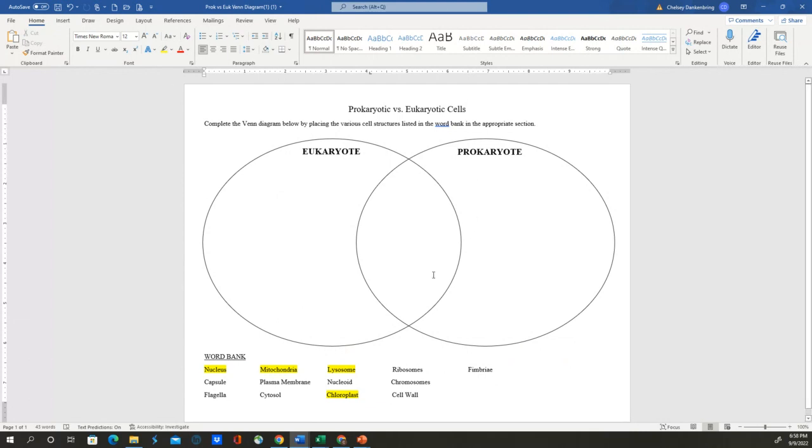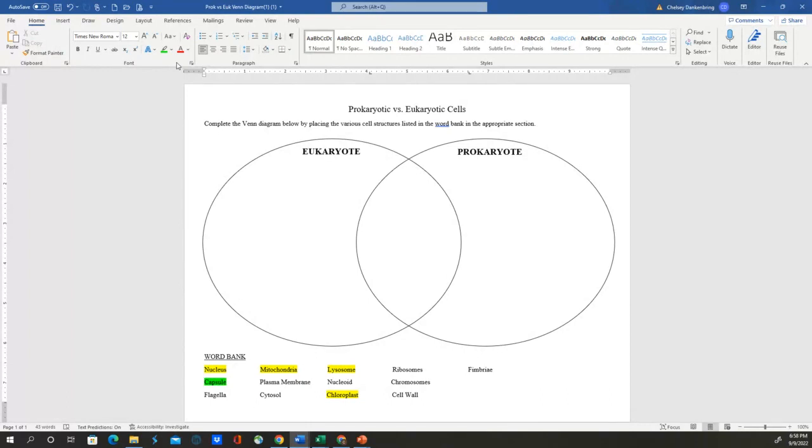All right, so some structures that only prokaryotes are going to have, I'm going to highlight those in green. That's going to be a capsule. Remember, that's the sugary, sticky outer layer that some of our immune cells have a hard time grabbing a hold of. So capsules are what we call virulence factors.